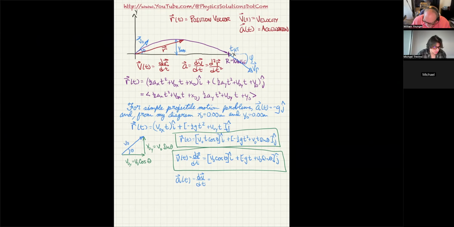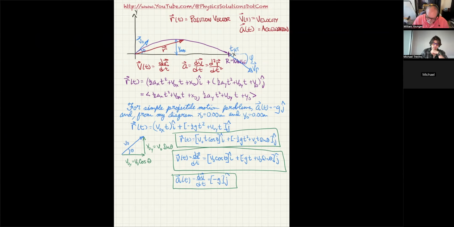So the derivative of that is 0. When I take the derivative of negative gt plus v0 sine theta, I just get negative g. And then that's multiplied by j hat.